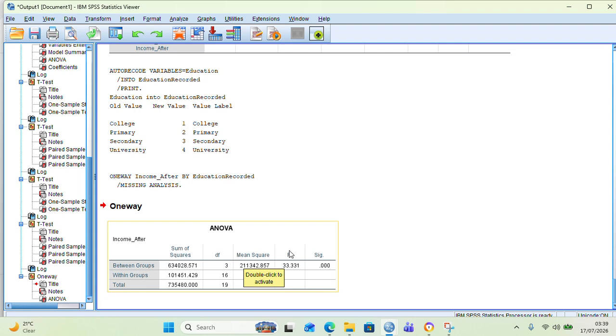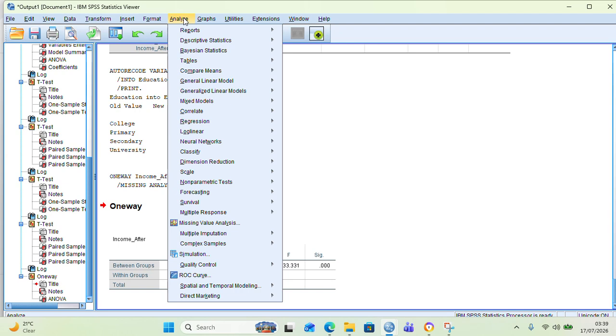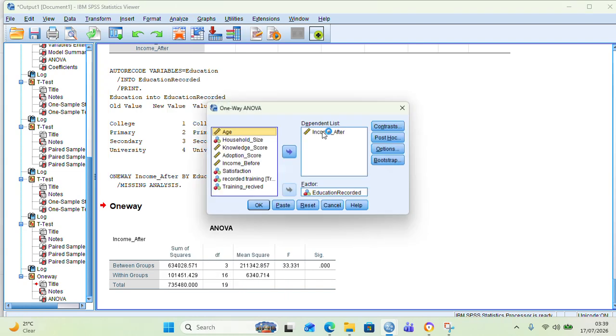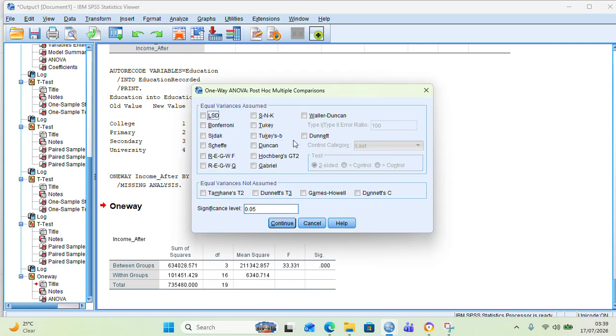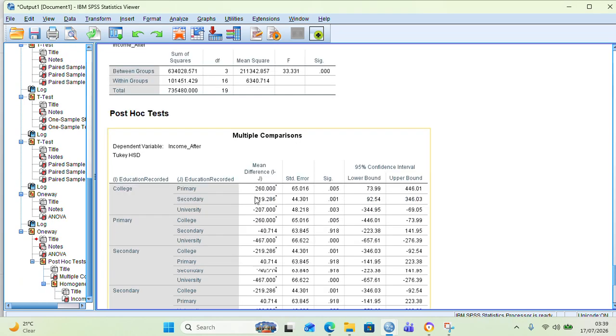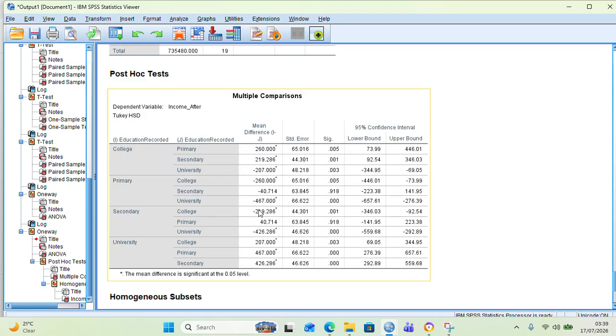So what we need to do is to go back to that analysis. Then we do the post hoc, Tukey, continue. Okay. So now you have your multiple comparison of the post hoc test.